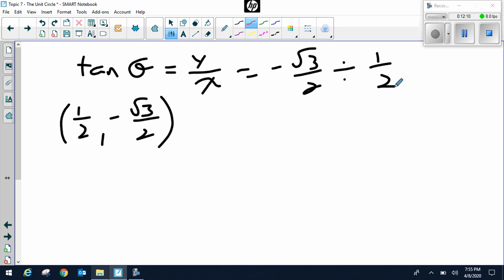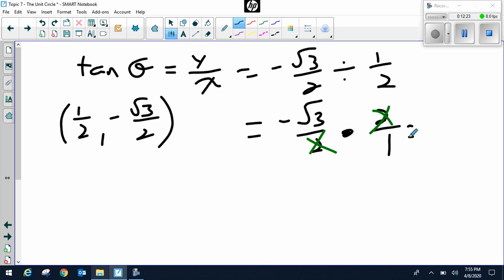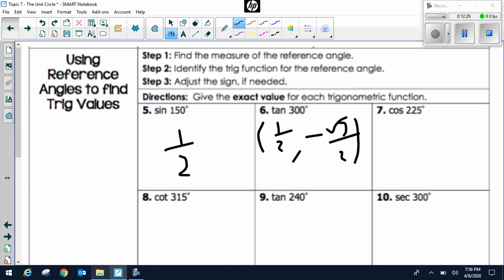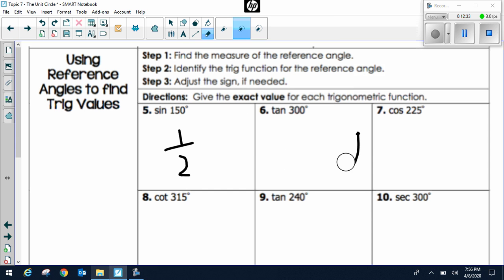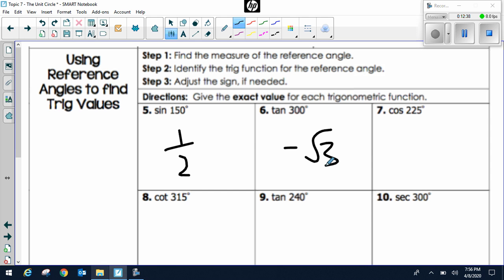Remember when we do this with fractions, negative square root 3 over 2 stays the same, keep, change that to multiplication, flip the second fraction. So the 2's cancel out, and you're left with negative square root 3 over 1, which comes out as negative square root of 3. So this would be negative square root of 3.